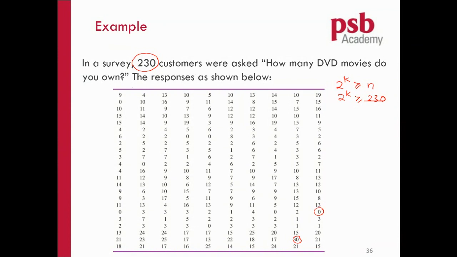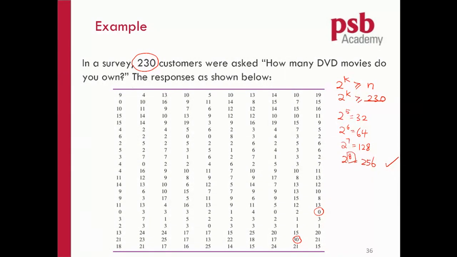I don't start from 1. 2 to the power of 5 just now gave us 32, not enough. 2 to the power of 6 gives us 64, still not enough. 2 to the power of 7, times 2 again, 128, not enough. 2 to the power of 8, times 2 again, 256. Enough? Yes. So what's the value of k? 8. Okay, k is 8.